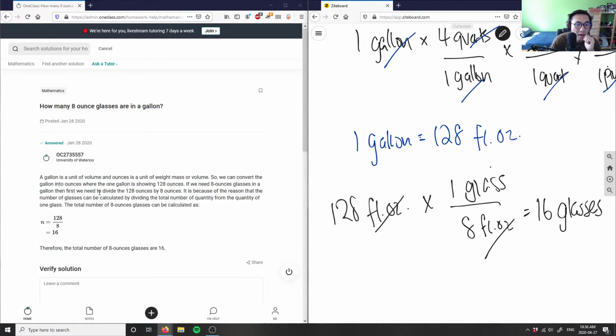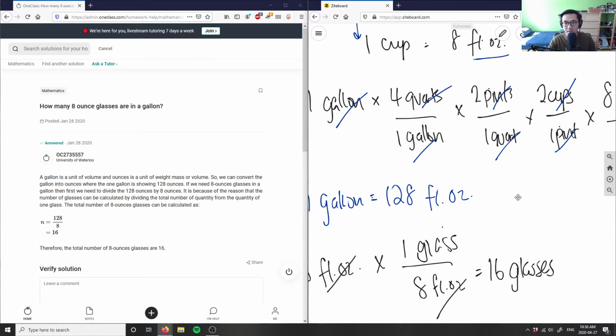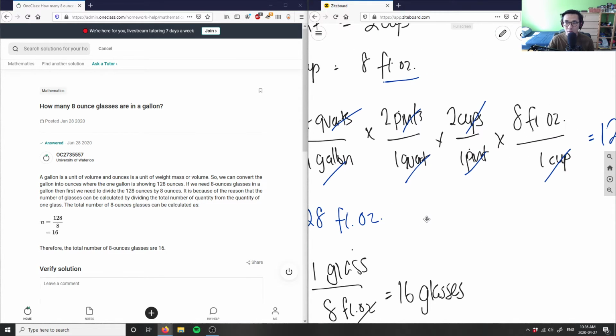So it says here, a gallon is a unit of volume. That's good. Ounces is a unit of weight. So in order for us to convert gallons into ounces, 1 gallon is 128 ounces. They simply just stated this. I don't know if that's common knowledge, that 1 gallon is 128 ounces. I solved for that initially through this dimensional analysis here.